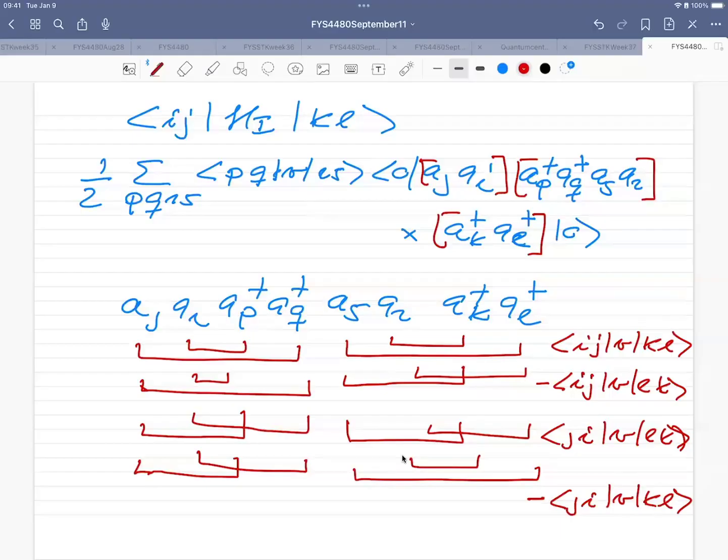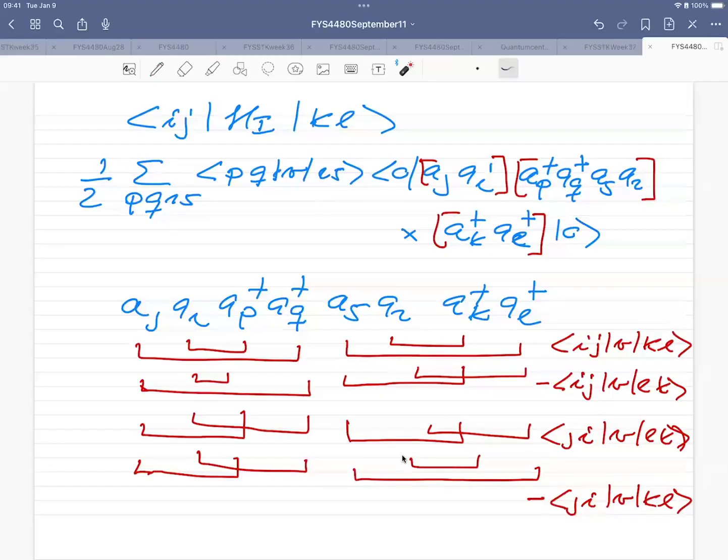And what we did, I think that's almost 2 weeks ago now, is that this term is the same as that one, and this term is the same as that one due to the fact of this being identical particles and that the interaction is permutational invariant under the exchange of two particles. So then this integral here is the same as that one, and this one by just interchanging I and J, which are also dummy variables.